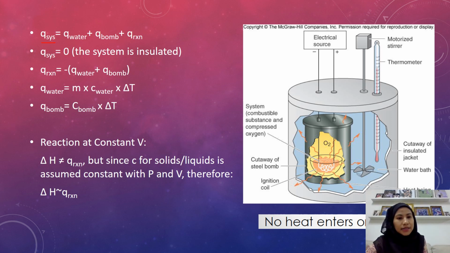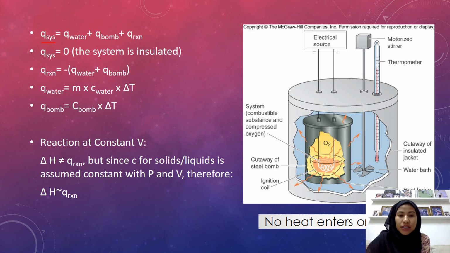Then we rearrange the formula in order to calculate the heat of reaction. So we get Q reaction equals negative Q water plus Q bomb. Q water, as we already discussed before, is equal to m times c of water, where c is the specific heat, times delta T. And then Q bomb equals the heat capacity C times delta T, the change in temperature.